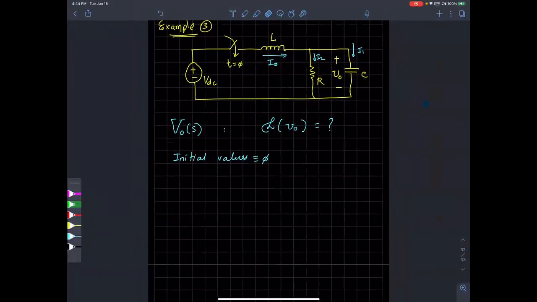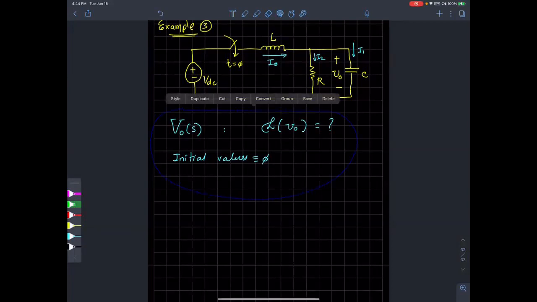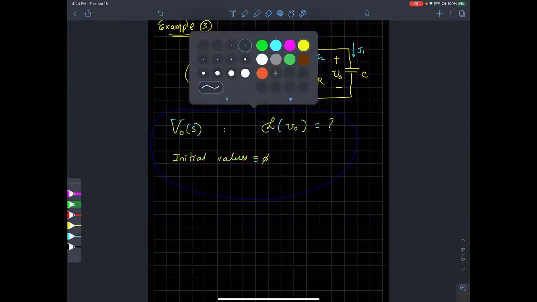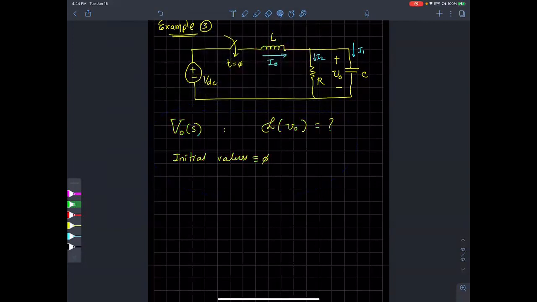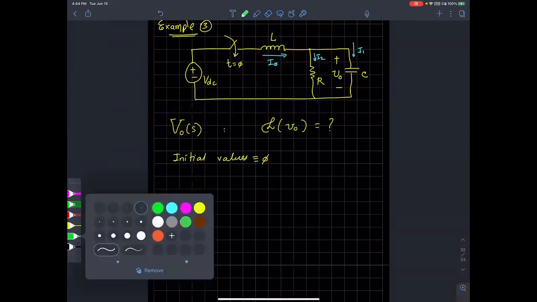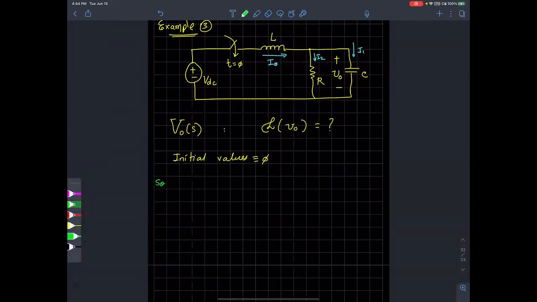Okay, so the first thing we write is this guy. This is all part of the problem. Okay, let's do all of this in yellow, so I can write the solution in green. The first thing I'm going to do is to get a value for I1.